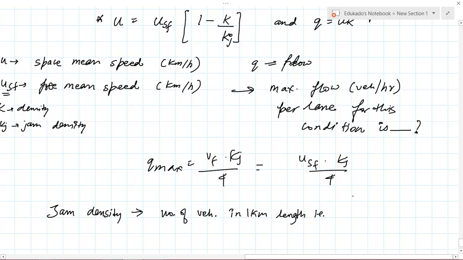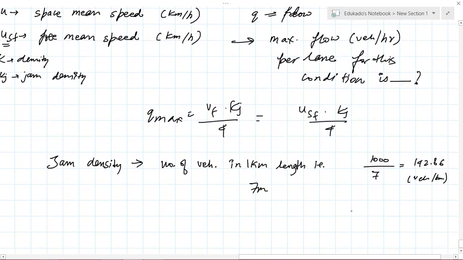If I want to calculate the jam density for the space headway of 7 meters, I would calculate 1 kilometer converted to meters, divided by 7, that is also in meters, and I will get 142.86 vehicles per kilometer. So this is the jam density. This is how we calculate it.